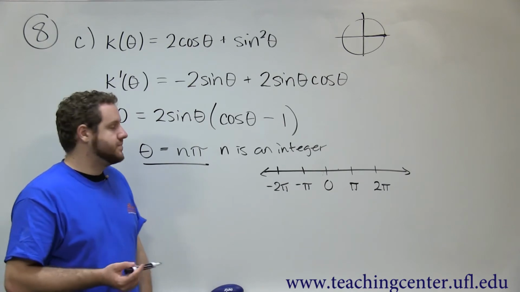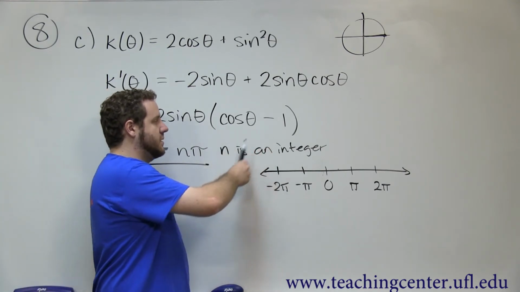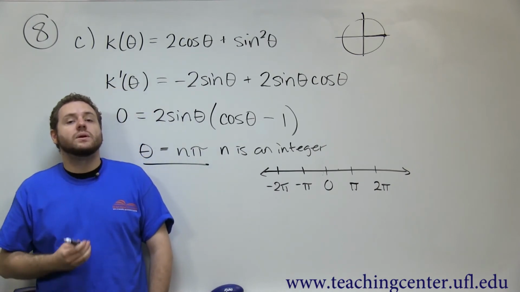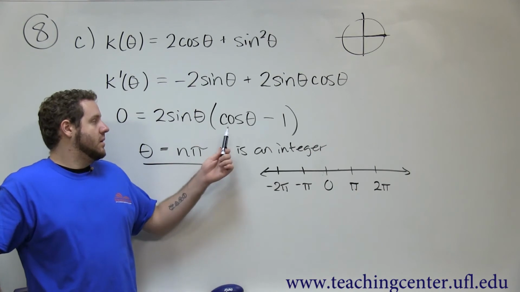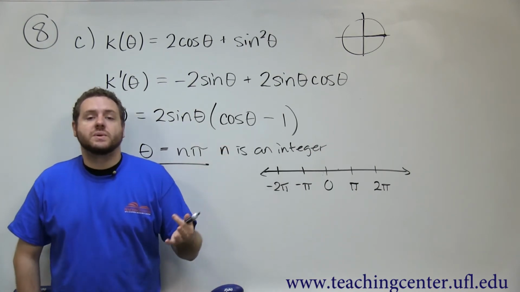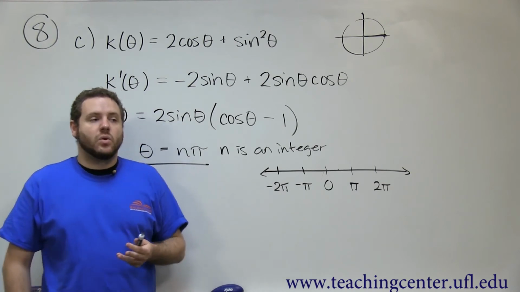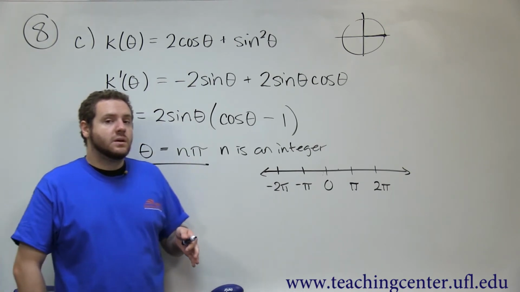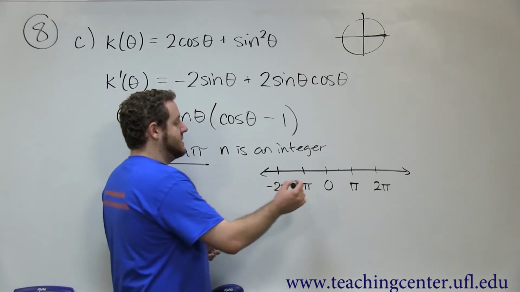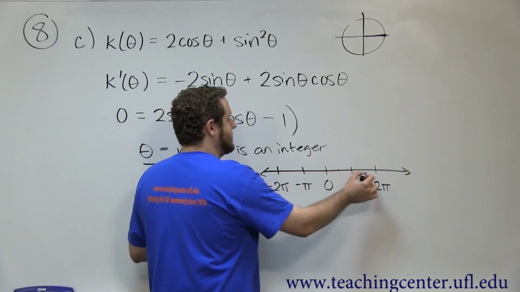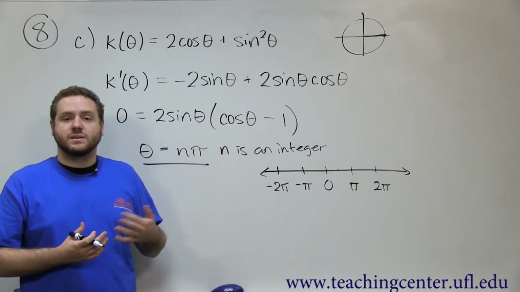we'd choose pi over 2. Well, one thing you can notice is cosine theta minus 1 is always going to be negative, because cosine theta can only be in between negative 1 and 1. So if you have a number that's in between negative 1 and 1, and you subtract 1, the highest it could be is 0, but it only is 0 on these points that are already on here, because we found the critical numbers when it's 0.